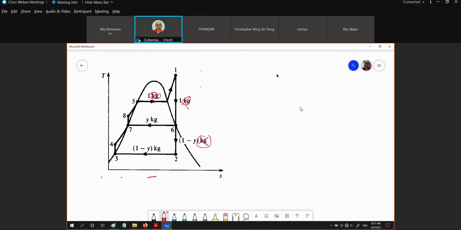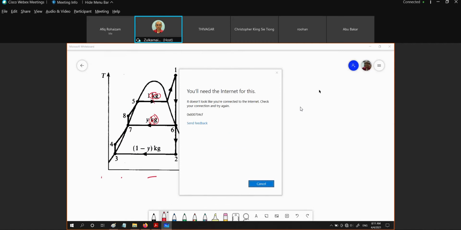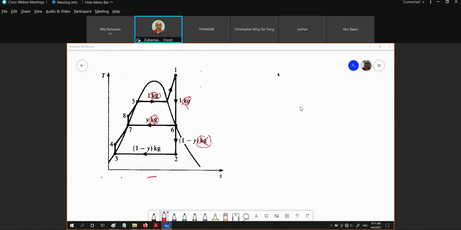Just assume that the flow fraction is 1, and then the rest of it is Y and also 1 minus Y, right? So as far as the work for the turbine, this is equal to the sigma work of the turbine. This is equal to W12, W16 plus W62.